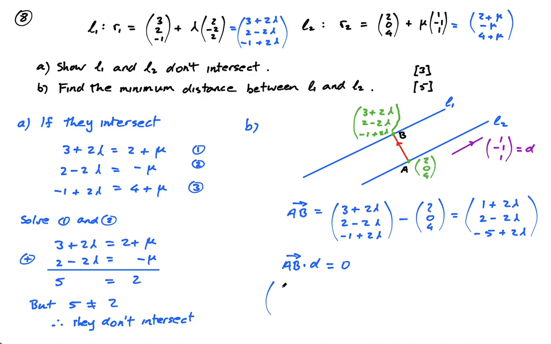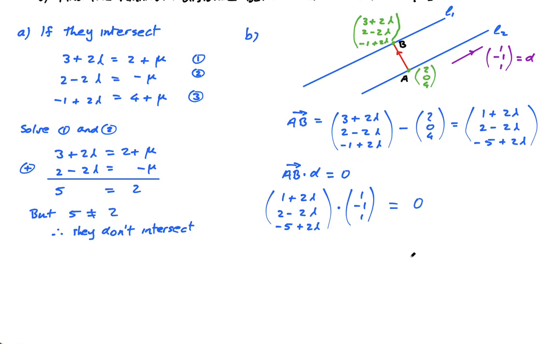AB is (1 + 2λ, 2 - 2λ, -5 + 2λ). Yes, guys, this is a difficult question. So this dot product with (1, -1, 1) equals 0. All right, let's move down a bit.